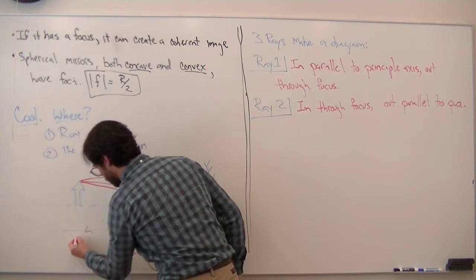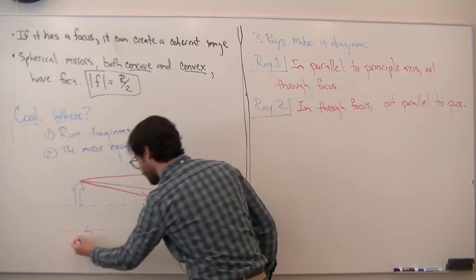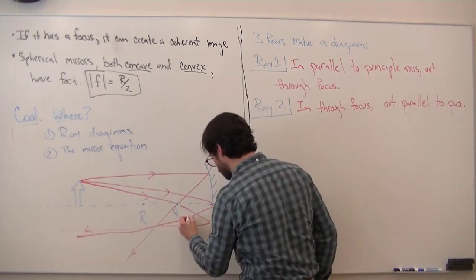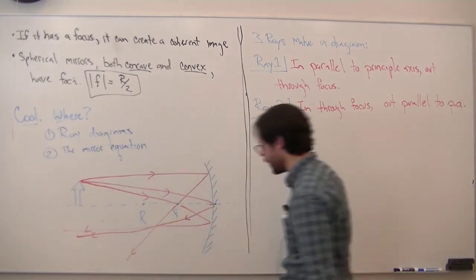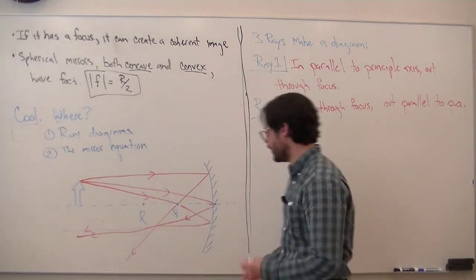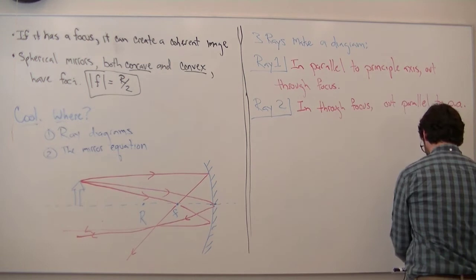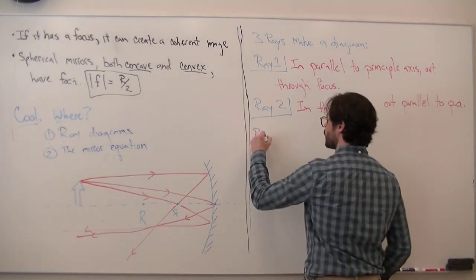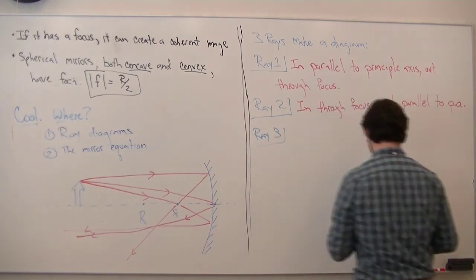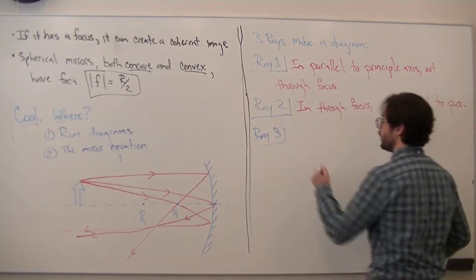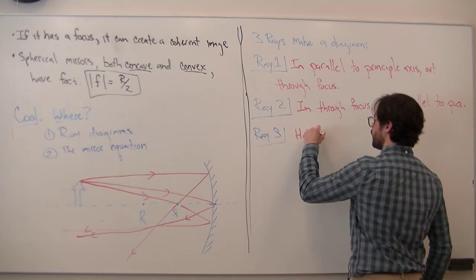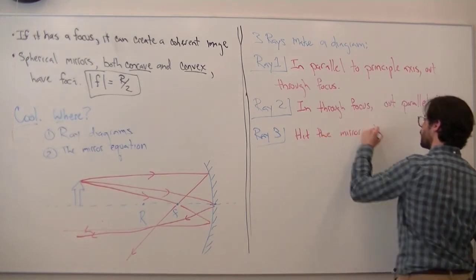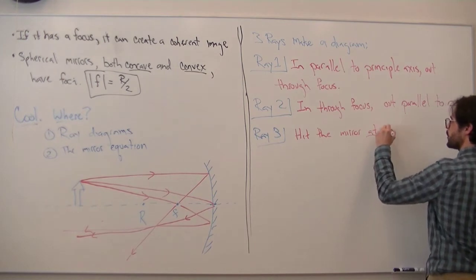Obviously, you can tell how precise these are. If only we had an equation. Maybe here-ish? I don't know. That looks pretty bendy. And I probably had my eye guiding this a little bit. Yeah, definitely. Okay. So that's our third ray. So Ray 3, hitting the mirror at the principal axis.